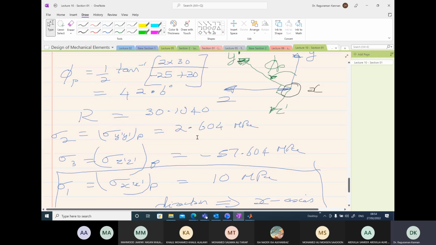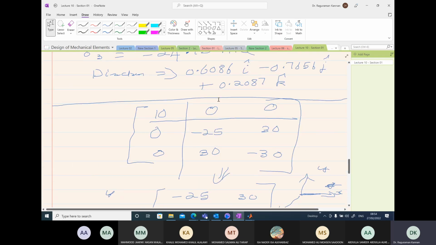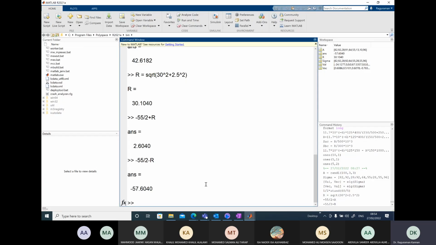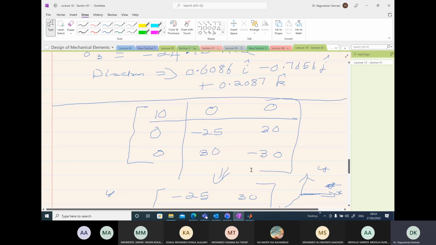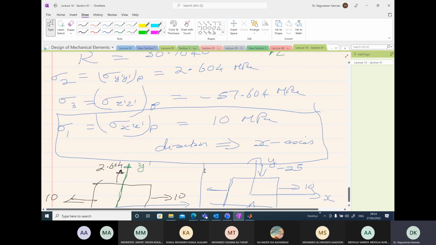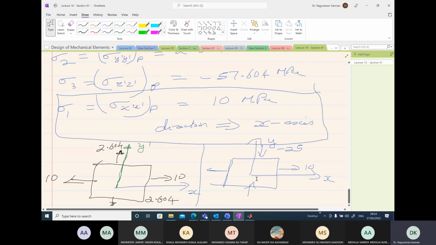Also, you can try to solve the same problem as a 3D problem by entering into the MATLAB. We will do that next class as well. Using eigenvalues and eigenvectors, you are going to see we get exactly the same results as we get here. So I will discuss this next class.